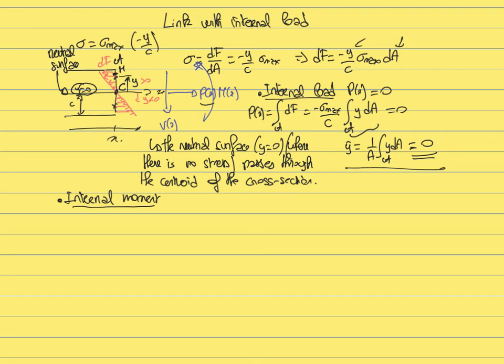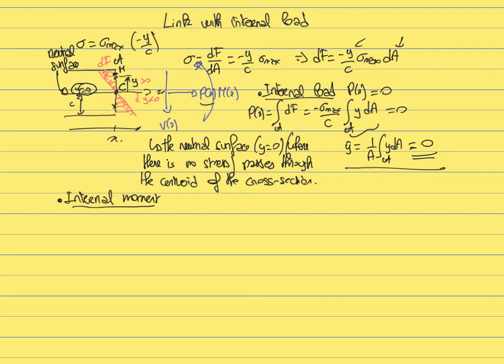So if this is C here, the centroid of the cross section, each small force dF is going to create a small moment that is associated to dF about the point C. And then if I want to find the total moment applied by the right part of the beam to the left part, I will need to calculate the sum of all the small moments dM that are associated to each of those small forces dF. I will calculate all those small moments about the point C and then sum them all. That's going to give me the total internal moment.